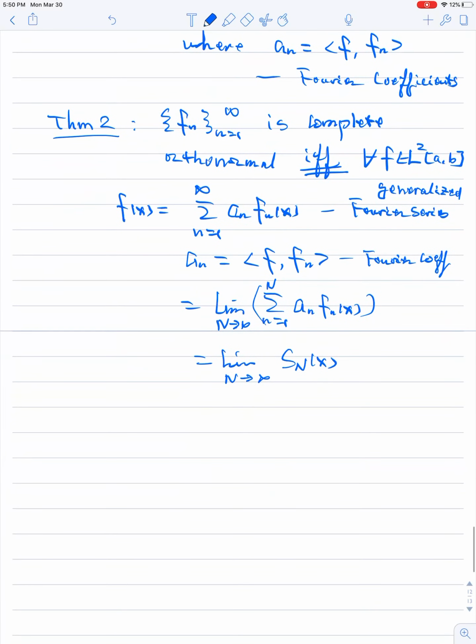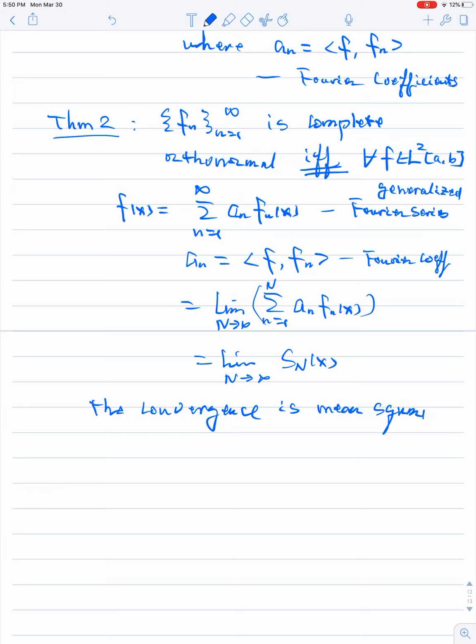Now this convergence here is mean square convergence.